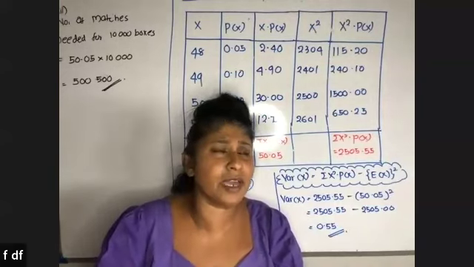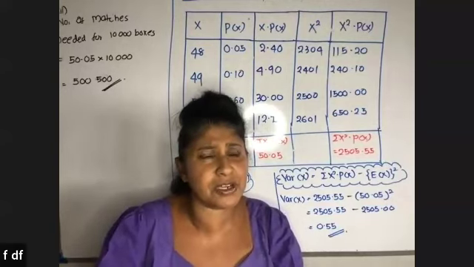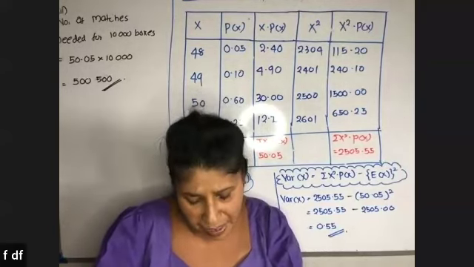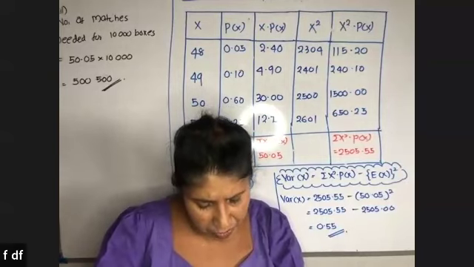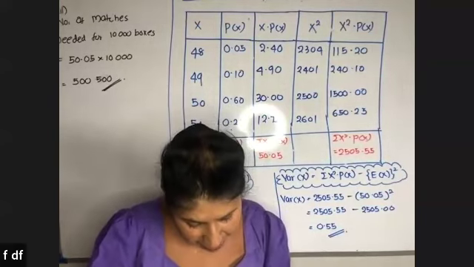So if we need them, they import them through air freight. They make a survey of the transportation time, the number of days. So your random variable is the number of days, with respective probabilities.